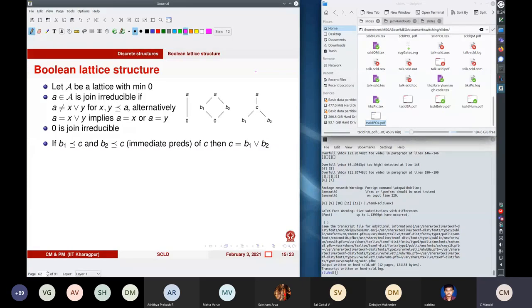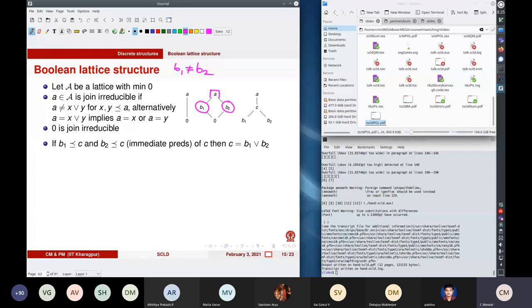Let us look at this picture. Here you have two elements, B1 and B2, where B1 is not equal to B2, and then you have this element A here.